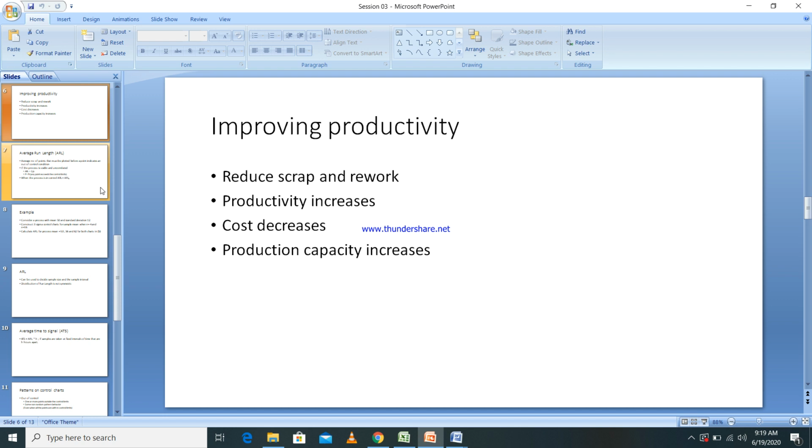When you reduce scrap and rework, it will increase the productivity. In other words, it will decrease the cost, right? And the production capacity also increases with the use of these control charts. Because of all these reasons, in the field, control charts are very, very popular.